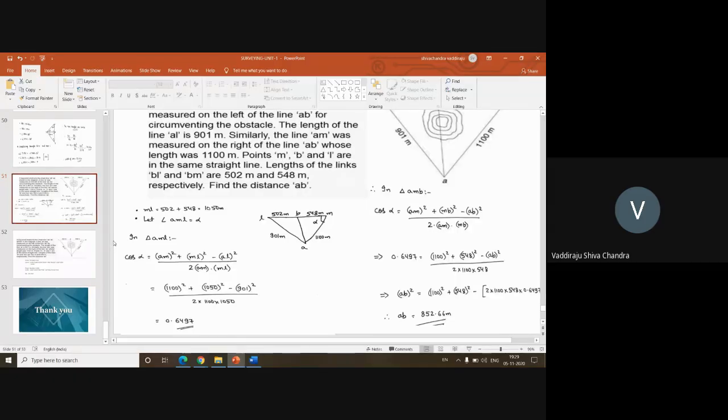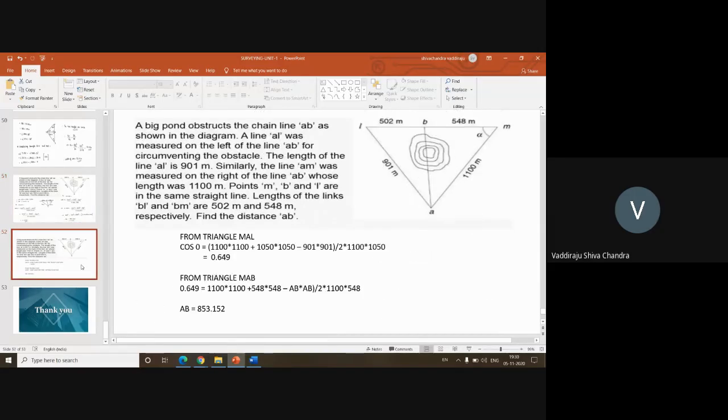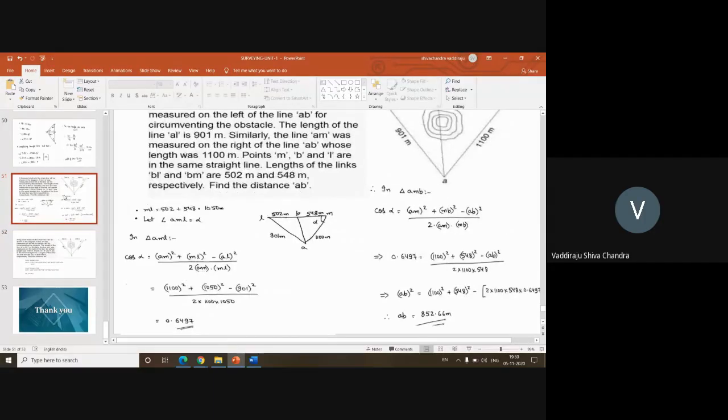Not an issue, because the angle value you got is right. I have taken 0.6497 and you have taken 0.649, one more decimal in my problem. It doesn't matter, but have you understood the concept of how to solve? That's important. Yes, sir.